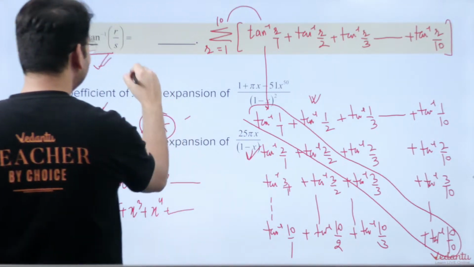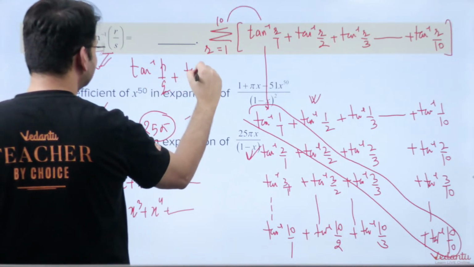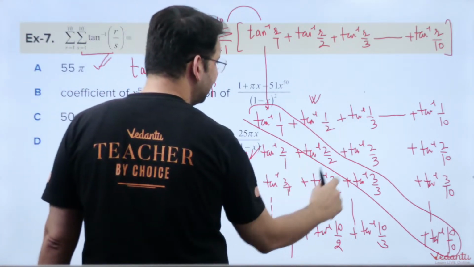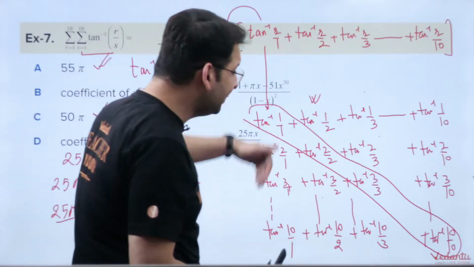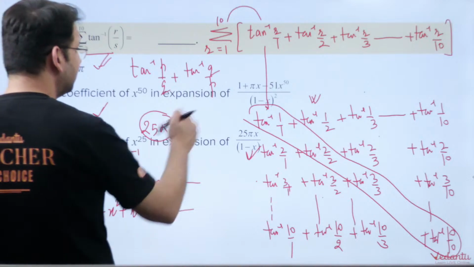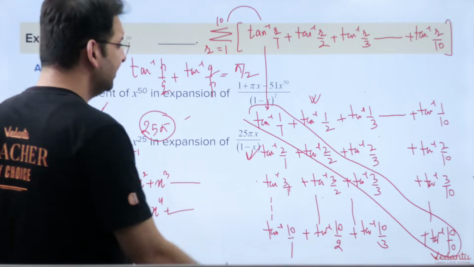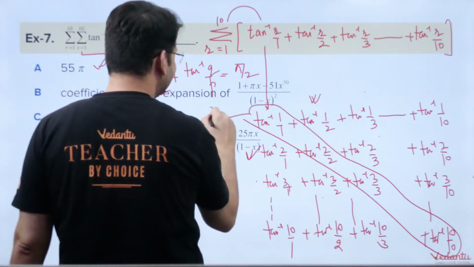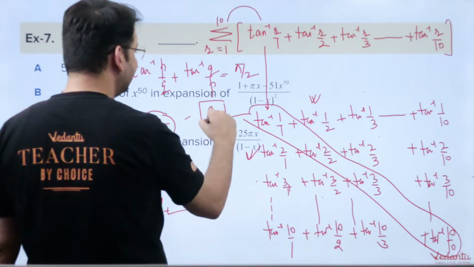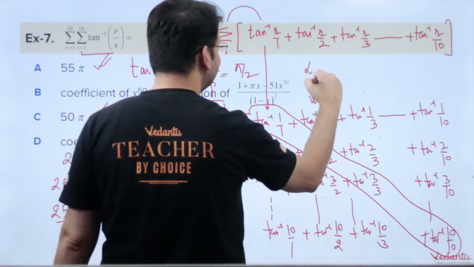If there is a term tan inverse P by Q, there is going to be a term tan inverse Q by P also here, always symmetric: 3 by 1, 1 by 3, 3 by 2, 2 by 3. So every term has its reciprocal, and we know that tan inverse of P by Q plus tan inverse of Q by P is equal to pi by 2. So these are 100 terms. Take these 10 diagonal terms away. So a total of 90 terms are there, which can be coupled into 45 pairs.